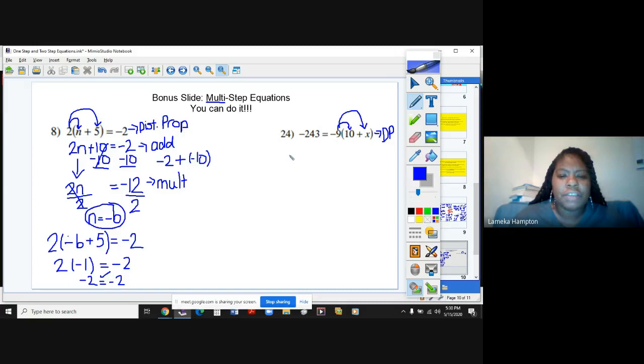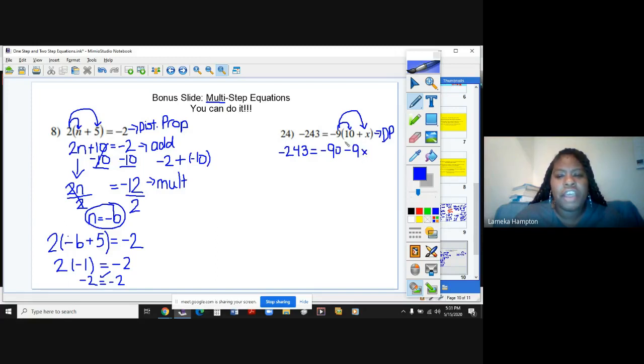So when I do this, I have -243 is equal to -9 times a +10. That gives me a -90. Remember, a negative multiplied by a positive gives you a negative. And I am going to say -9 multiplied by x. That gives me a -9x.